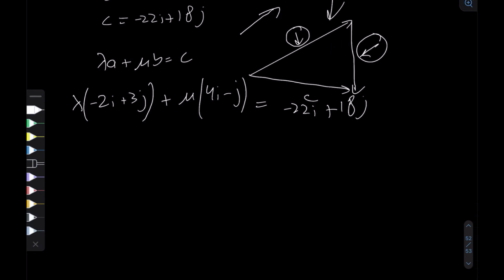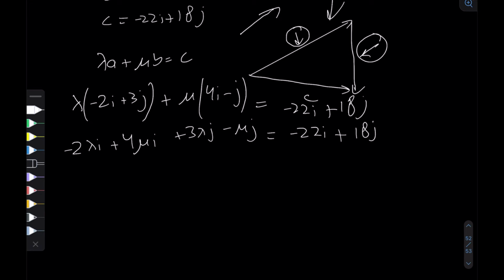If we expand this, minus 2 lambda i, plus 4 mu i, plus 3 lambda j minus mu j should give us minus 22i plus 18j. Right, in order for this equality to hold, both the i component and the j component should match.